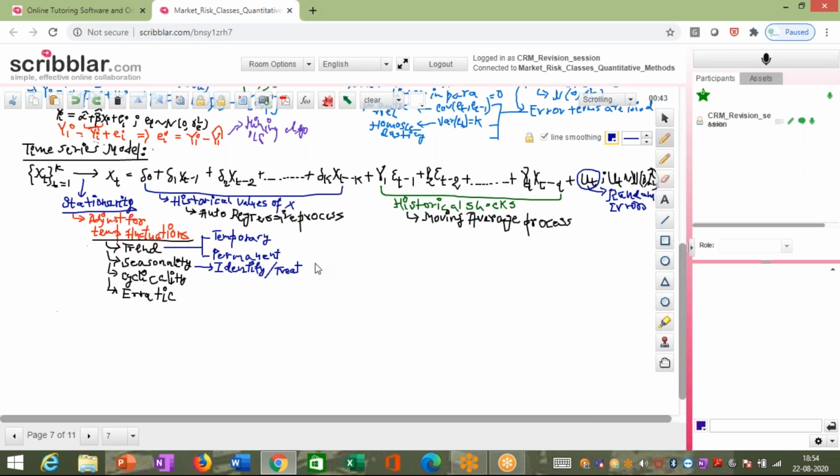Identify and treat it. The next thing that we have over here is cyclicality. This will be relevant only if long-run data is considered.